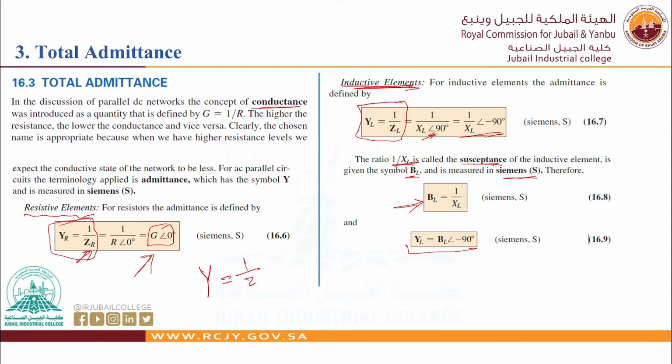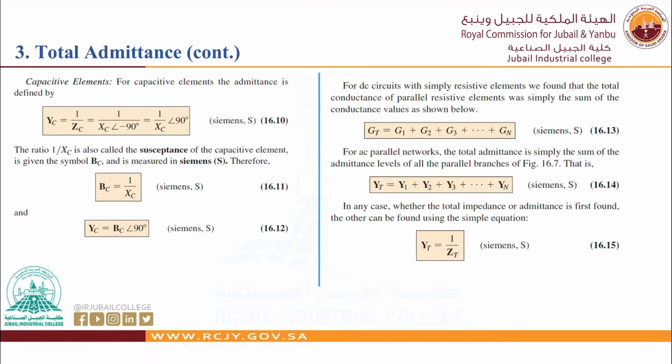Which is BL. Now in case of a capacitive element, it is called again susceptance, which is BC, which is 1 over XC. We know the angle of XC is minus 90, so this angle will go up, and BC has angle 90.